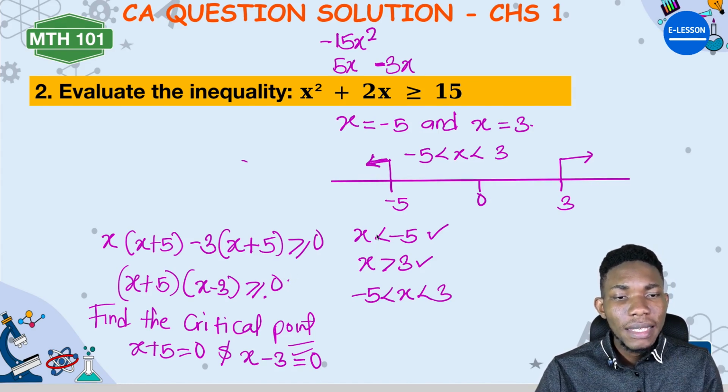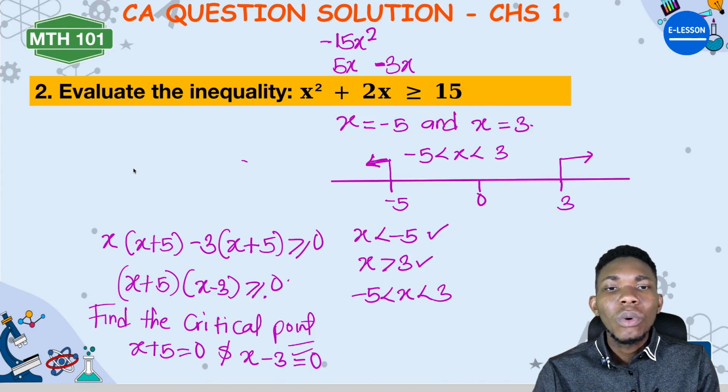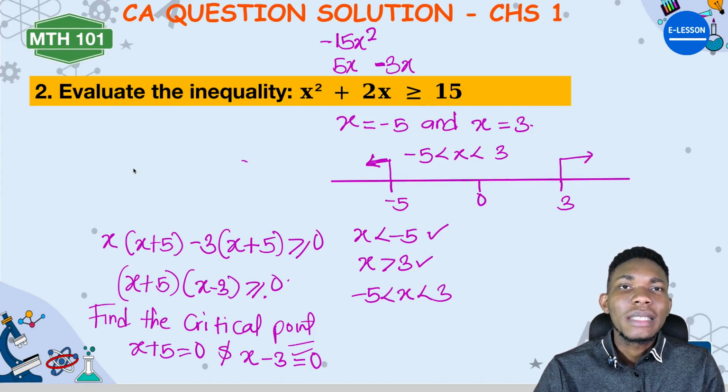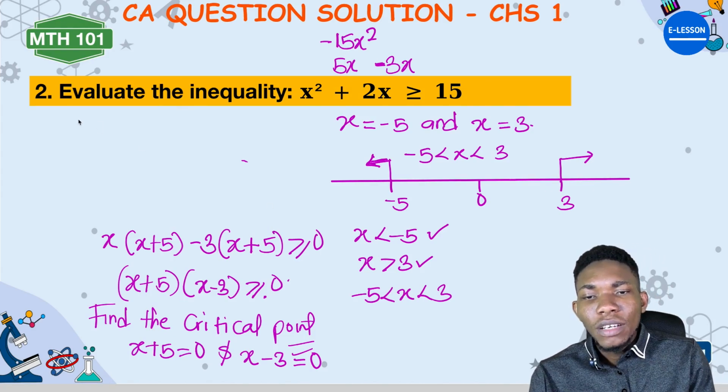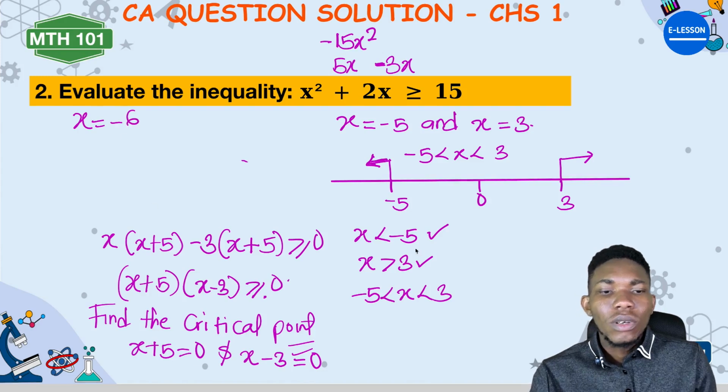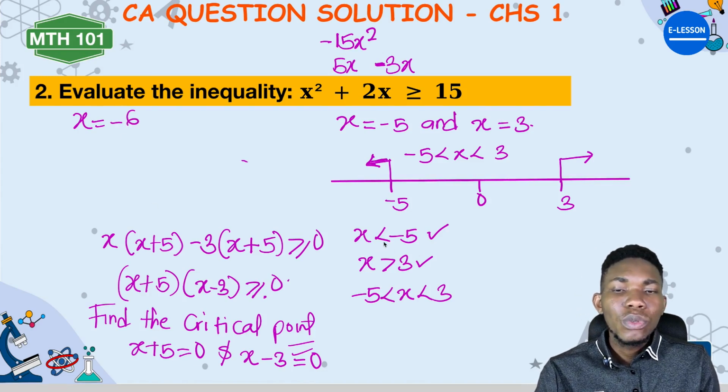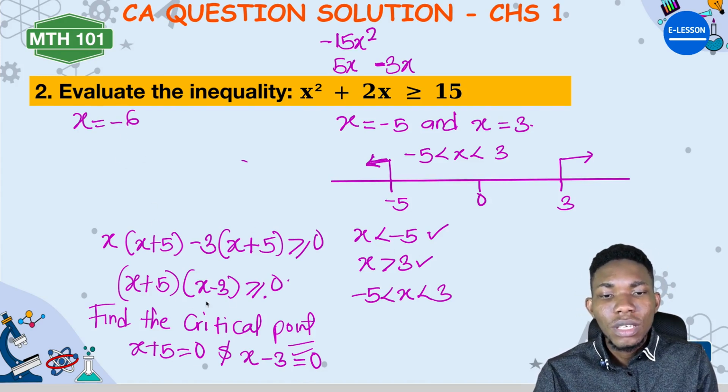Let's put the first one, x less than minus 5. What is a value that is less than minus 5? Of course, x equals minus 6, because minus 6 is less than minus 5. So put x equals minus 6 into this equation and see if it will give you a number greater than or equal to 0.